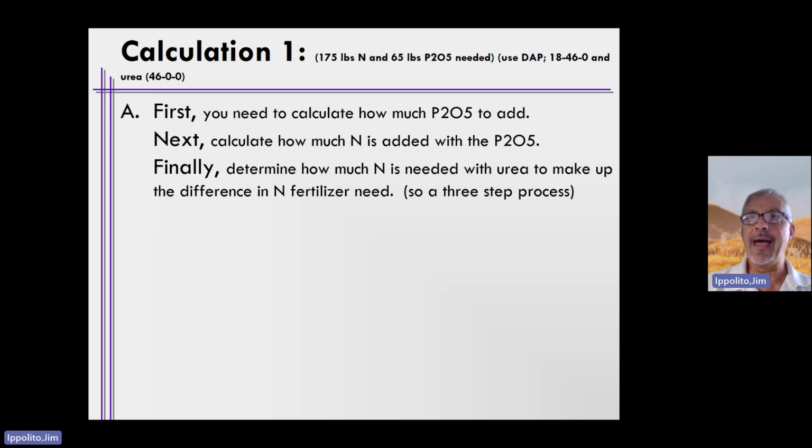So the next step after the first step is to calculate how much nitrogen is added with the P2O5, with the diammonium phosphate. And then finally, what we need to do is simply determine how much extra nitrogen is needed via urea to make up the difference in the need for nitrogen fertilizer. So this is really a three-step process.